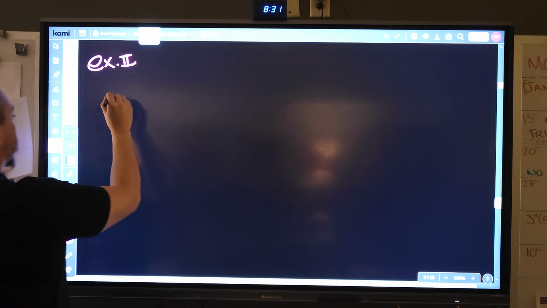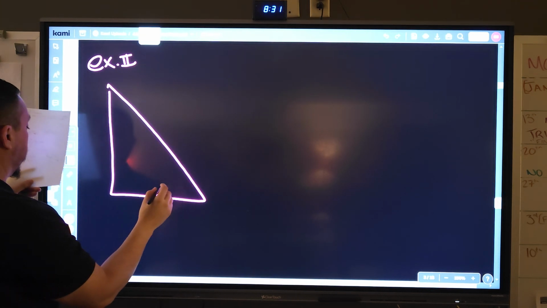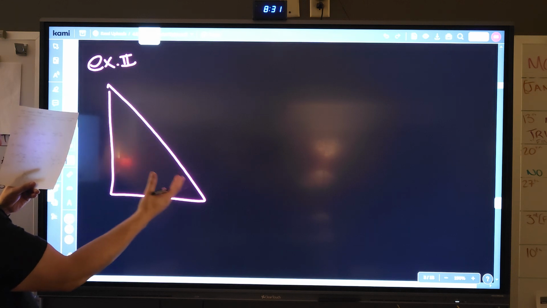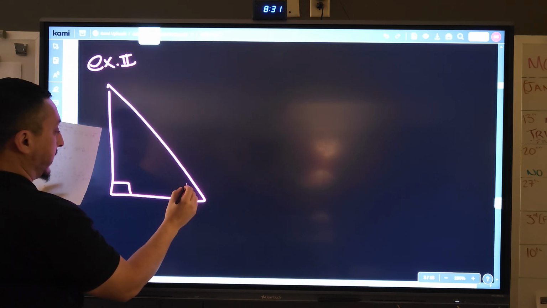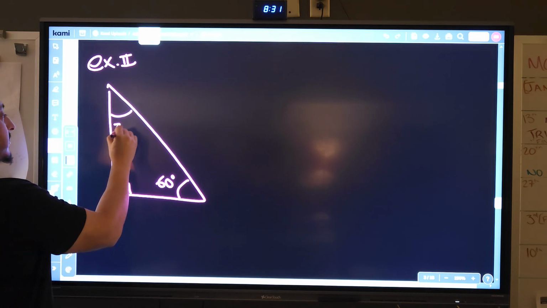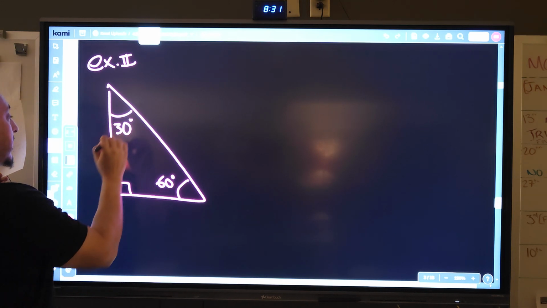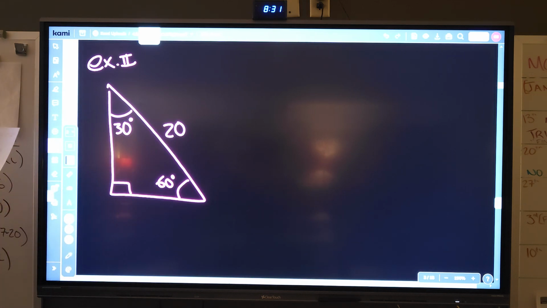So example 2 looks like this. The 30 doesn't have to be on the top or bottom; the triangle can be flipped any which way. So this is your 60, so automatically this is the 30. For this particular problem, they give us the 20, which is the hypotenuse.